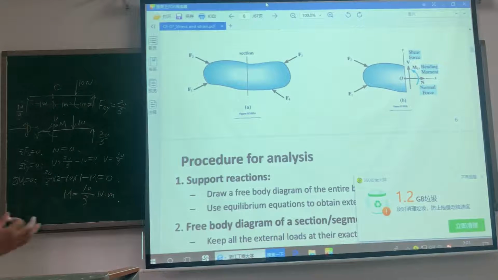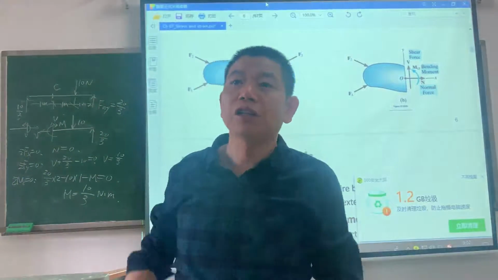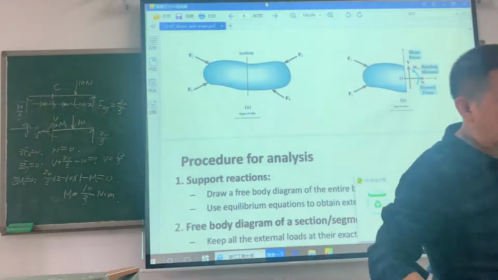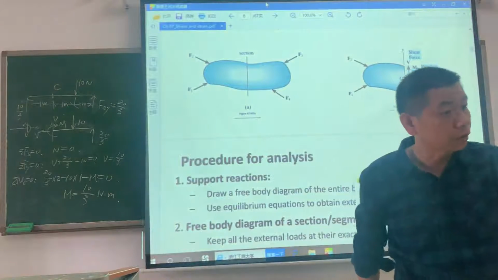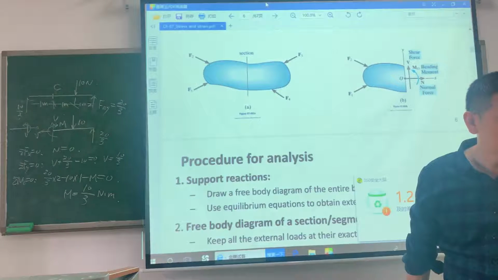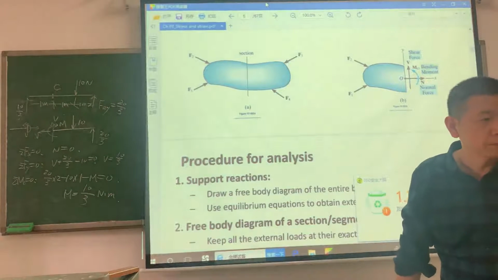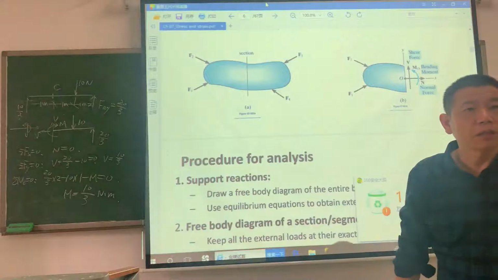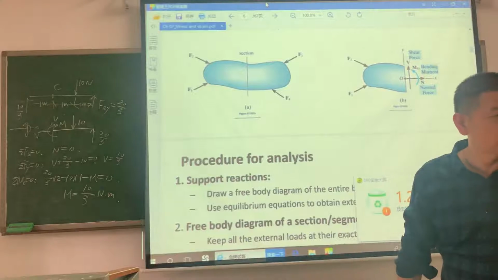If you take the left part or the right part to analyze, we will get the same result, because the moment is in the same surface.